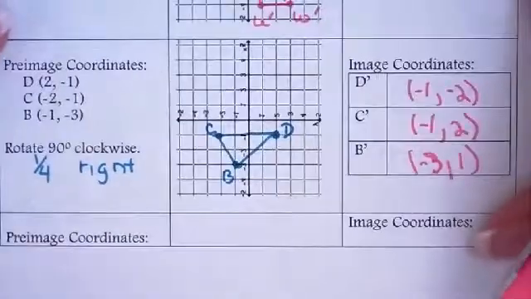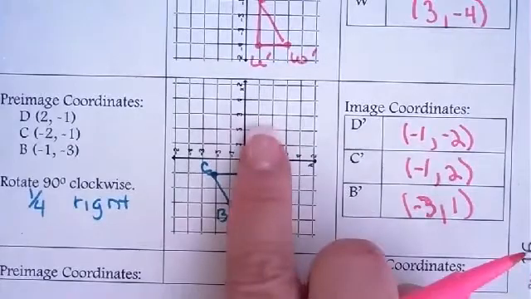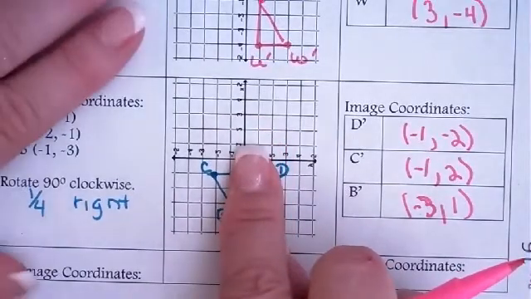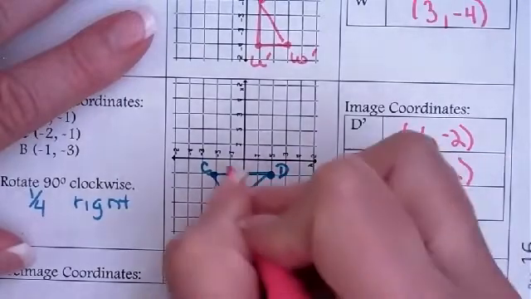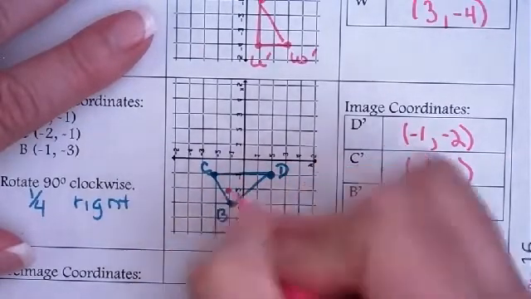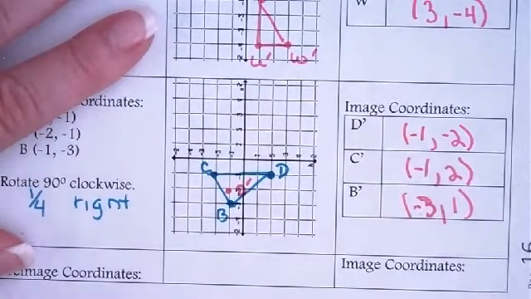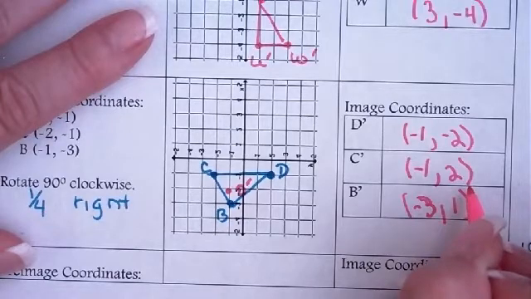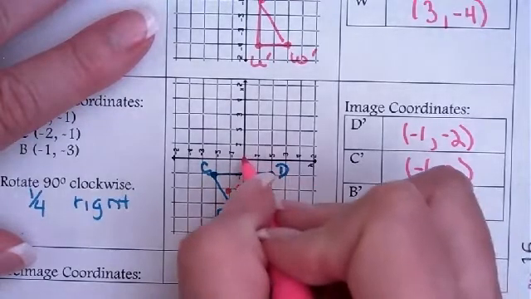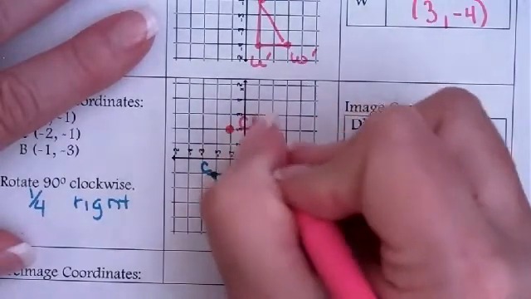Now, I'm going to go right here, and I'm going to put these 3 points back onto my picture over here. So D prime is at negative 1, negative 2, which is right down there. C prime is at negative 1, positive 2, so that's left 1 up 2, and that was C prime.